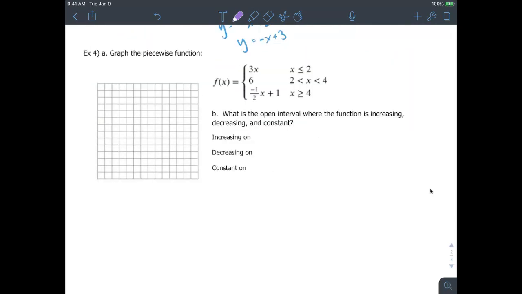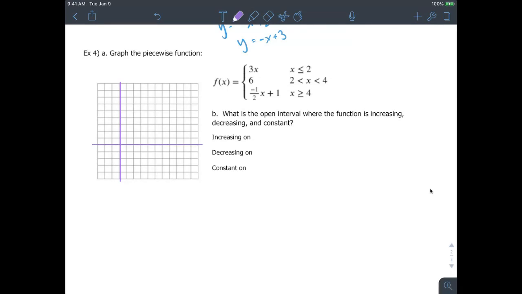Lastly, we're going to graph. All right, here we go. First off, I'm going to break up this graph into its mini domains.